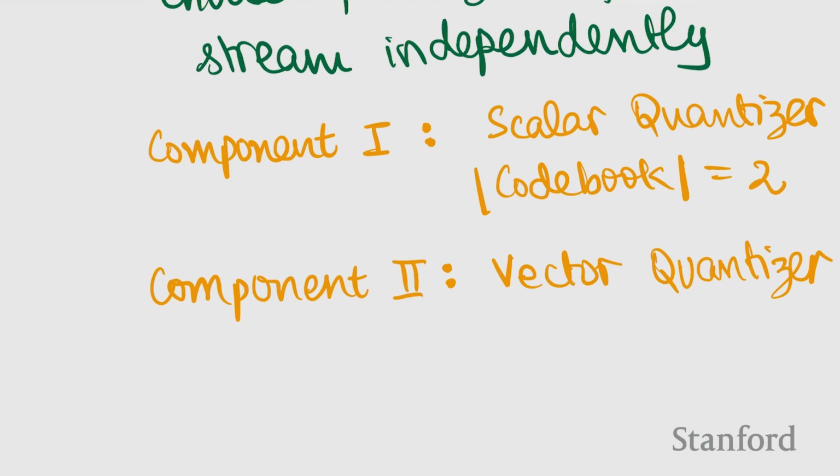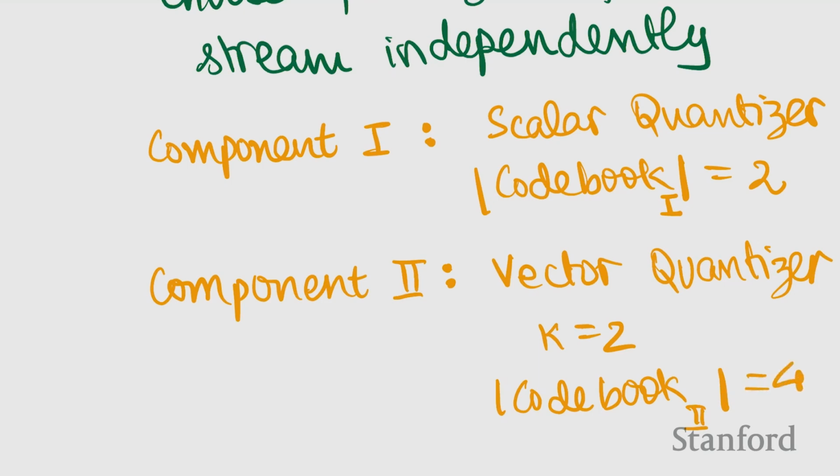Saying vector quantizer is not sufficient. I also need to tell you the size of the vectors I'm going to work with. Let's say I say 2. So I'm going to work with vectors of dimension 2. In this case, my codebook size for the second component, let me also add a subscript, 1 for component 1, and component 2 is just going to be 2 raised to 2. So we are going to have 4 components, okay?